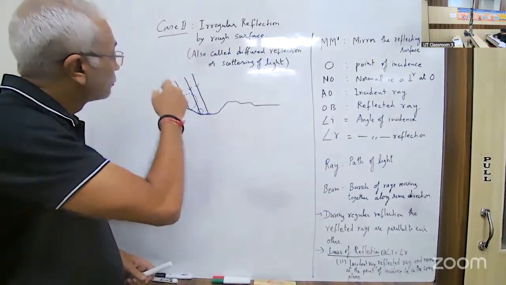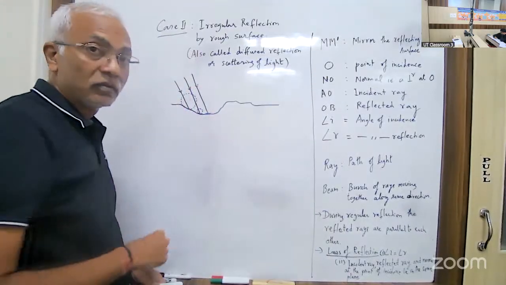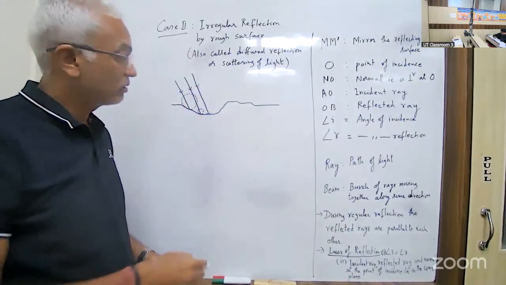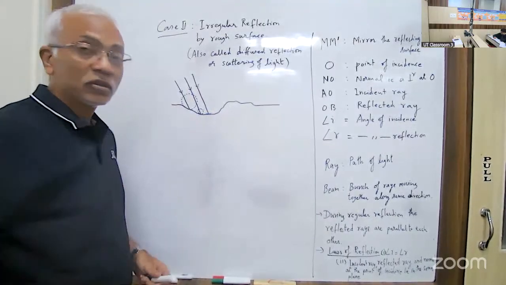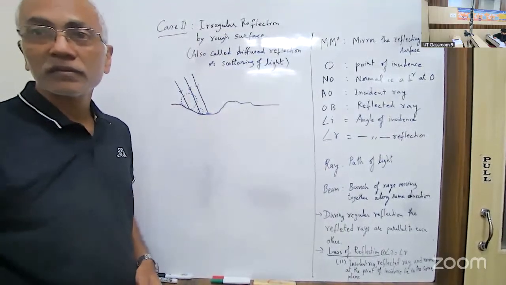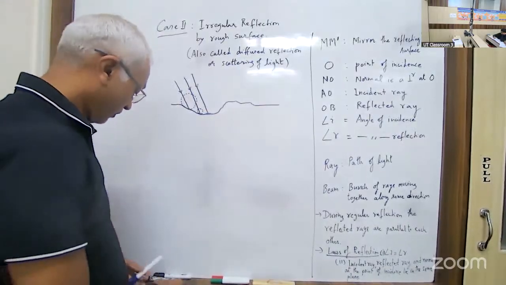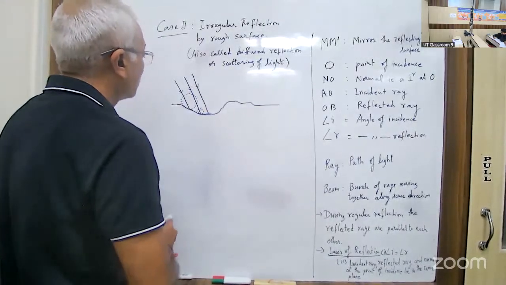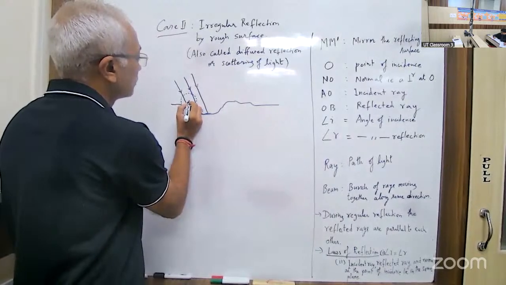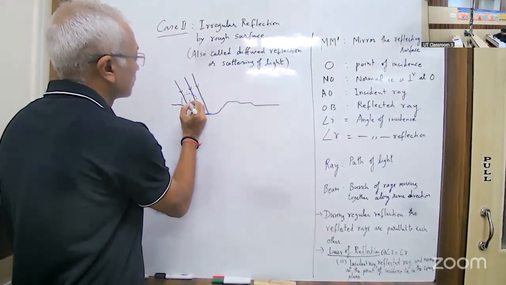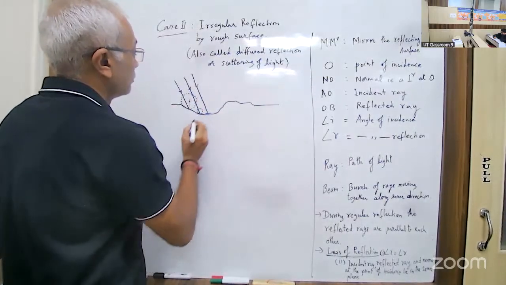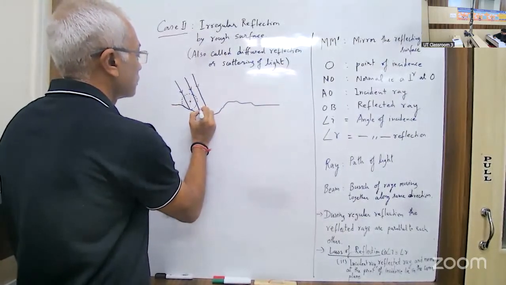So for a curve, what is the normal? For a plane surface, the normal is perpendicular. For a curved surface, the normal is the radius. So let's say this is the center of the sphere. Now the normal will be here. For this, the center is this.